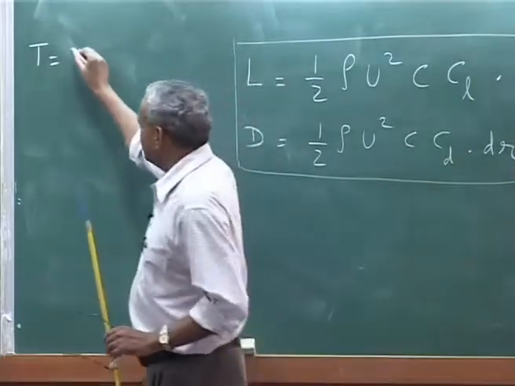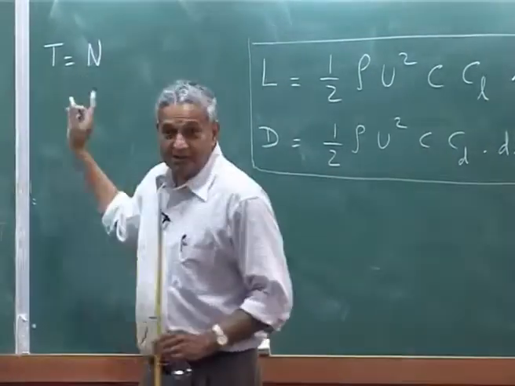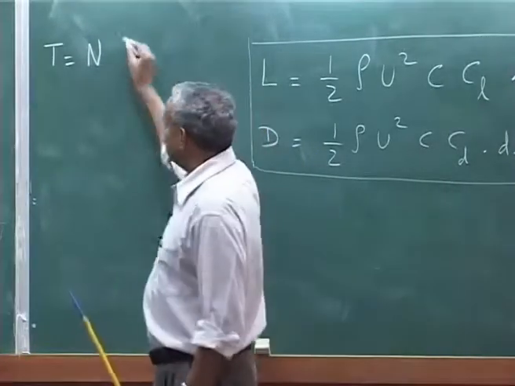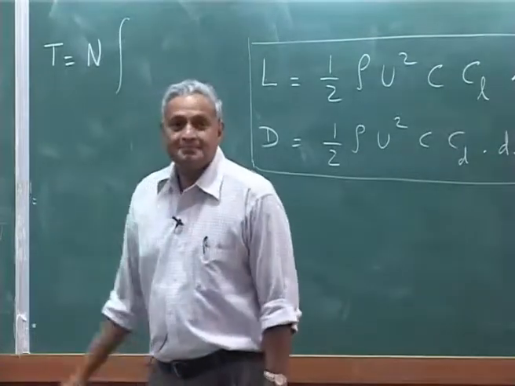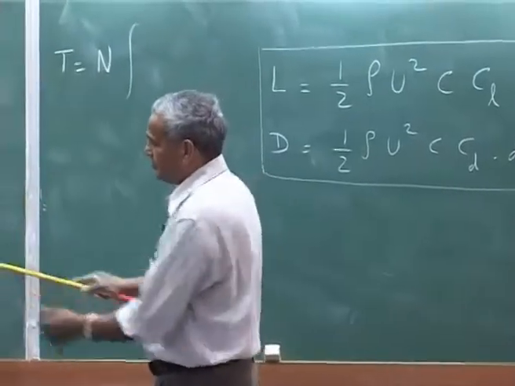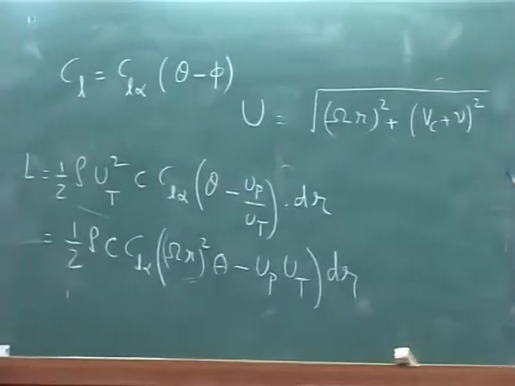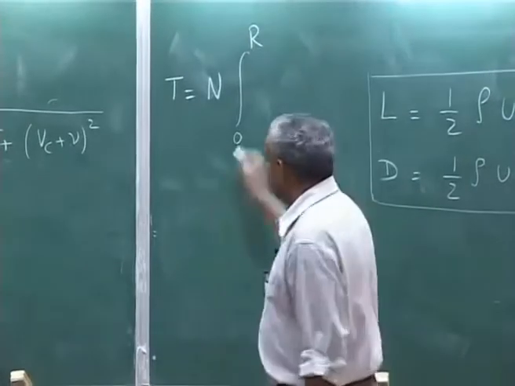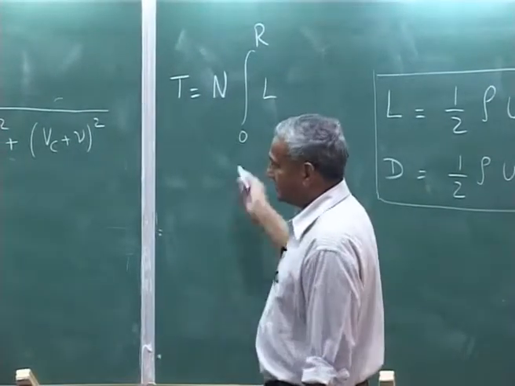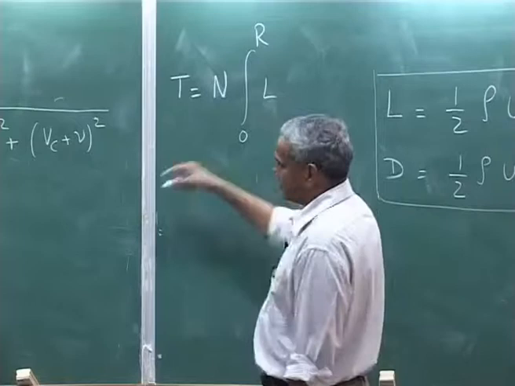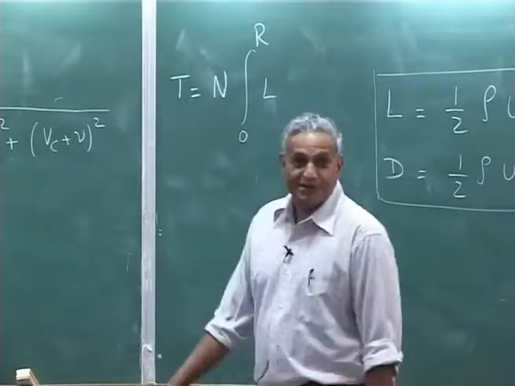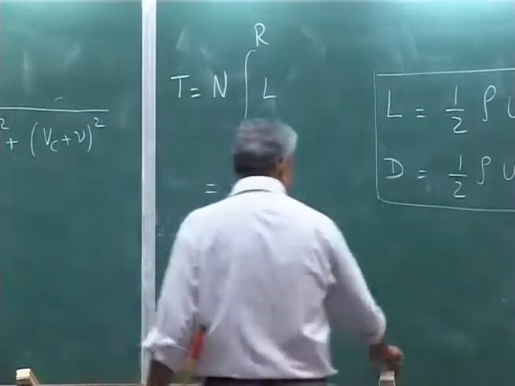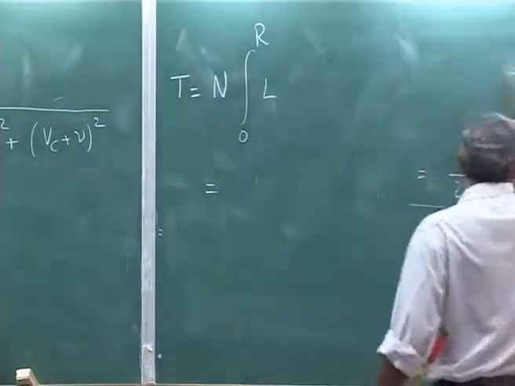That means, I will simply put number of blades n, all right, and then I have to integrate from 0 to capital R, this expression. The entire expression you write this, you will have the full expression, which is maybe I will write this, then I will do the non-dimensionalization, because that is important, okay.